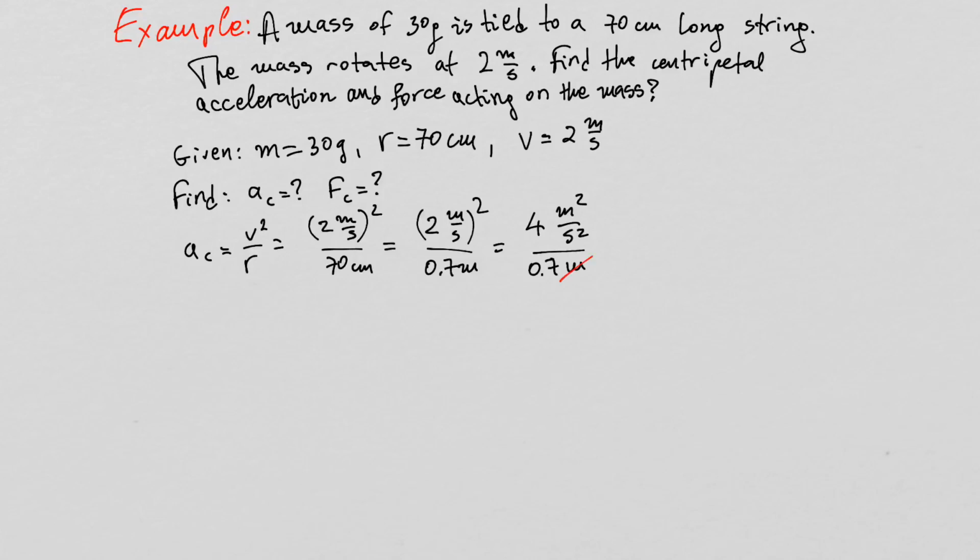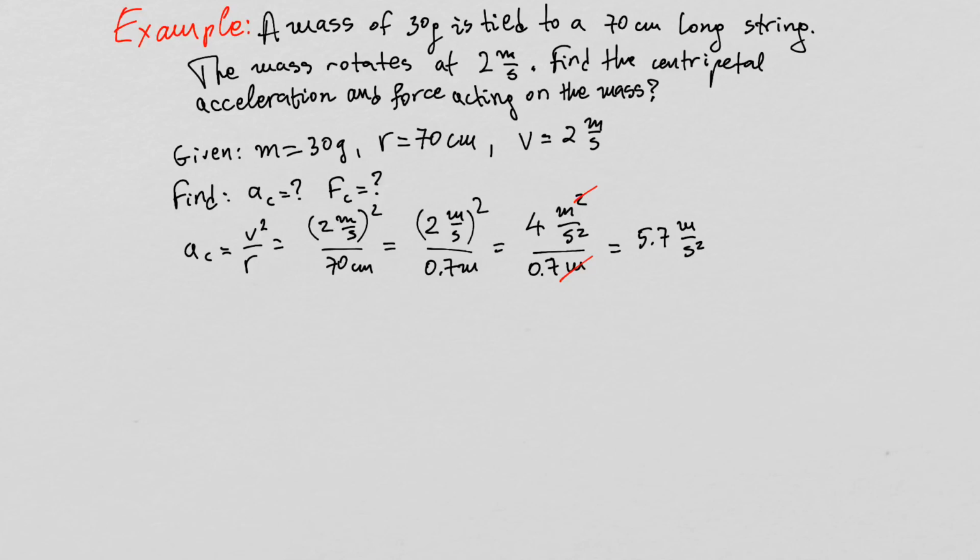So the units of meters to the second power will cancel out. And finally, the result is 5.7 meters per second squared, and the units are, as expected, the units of acceleration.